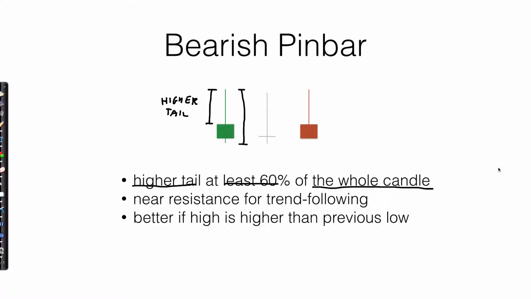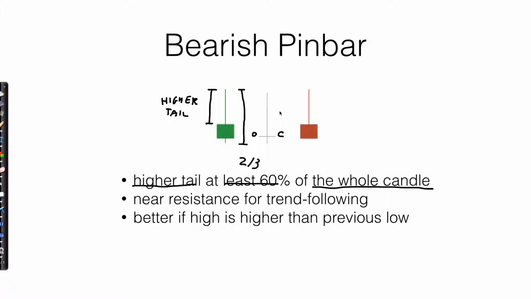And remember from last time, I said that some people use 60%, some people use 2/3. I use 60%, but both are possible. And again, this candle can be bullish, can be bearish, it doesn't matter. It can even be a doji like that, where the open and close are basically the same level.